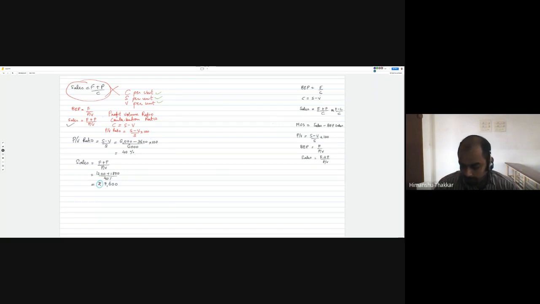Next, if the selling price per unit is reduced by 10%, then the new break-even sales.